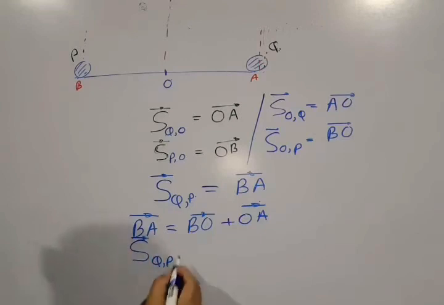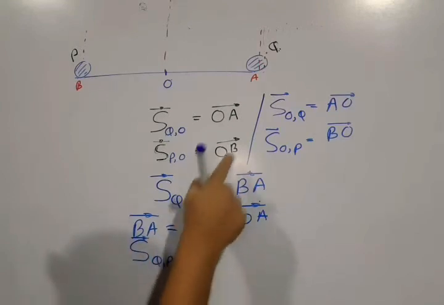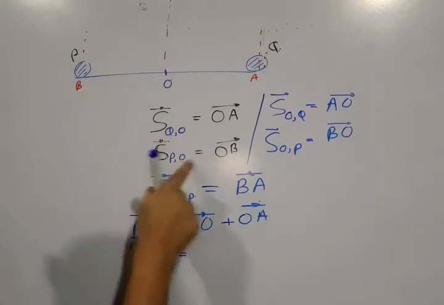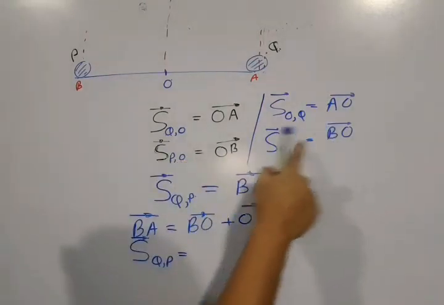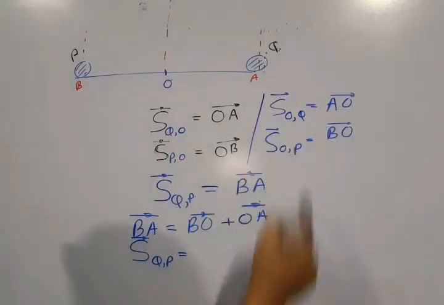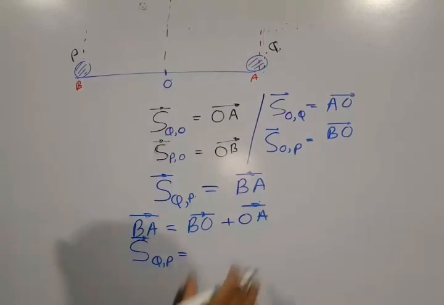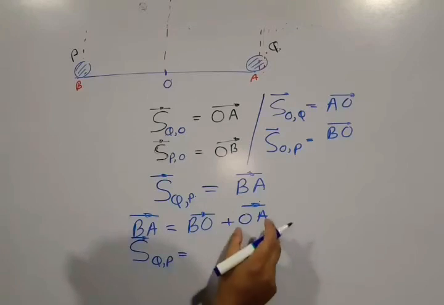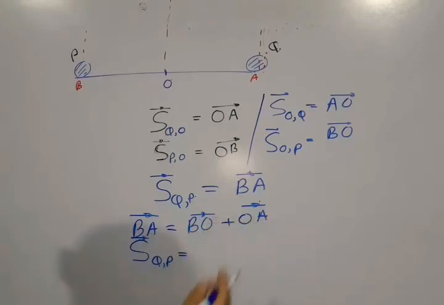What is BO? You have OB, which is displacement of P with respect to O, and BO is defined as displacement of O with respect to P. Just for simple representation, I'm going to write OA first, then BO.